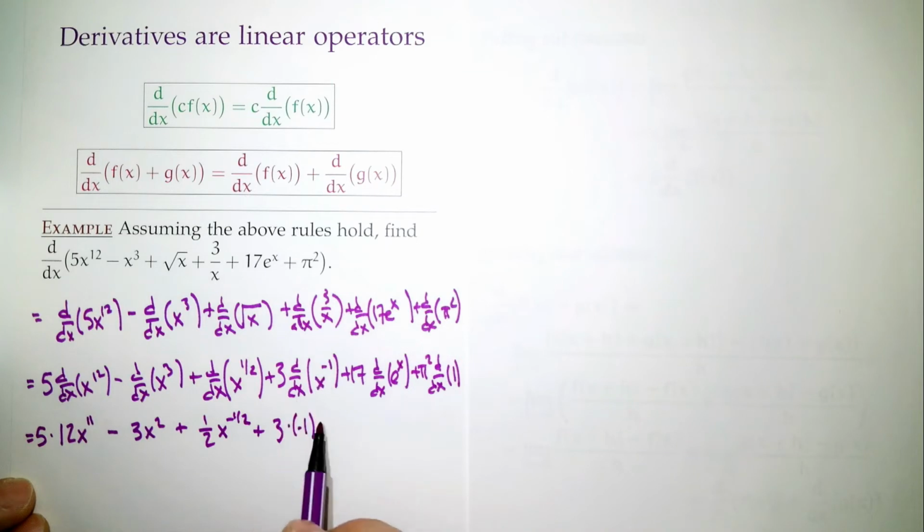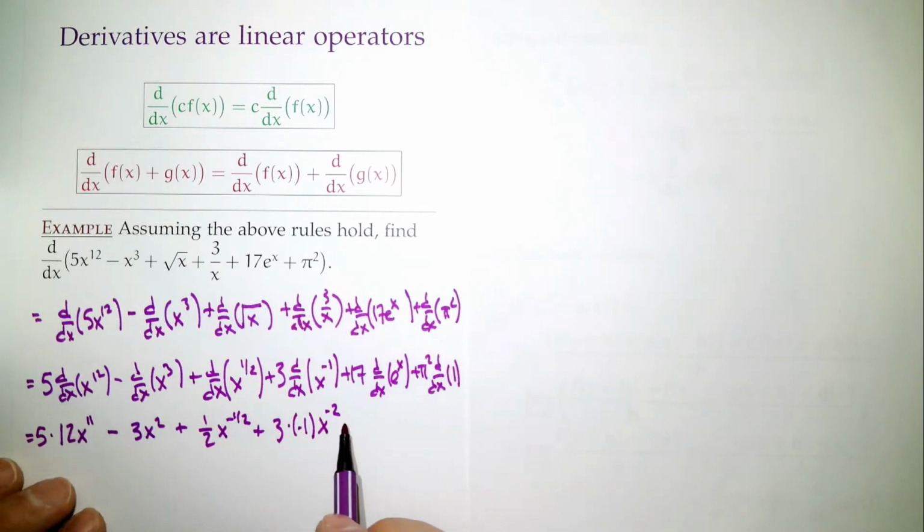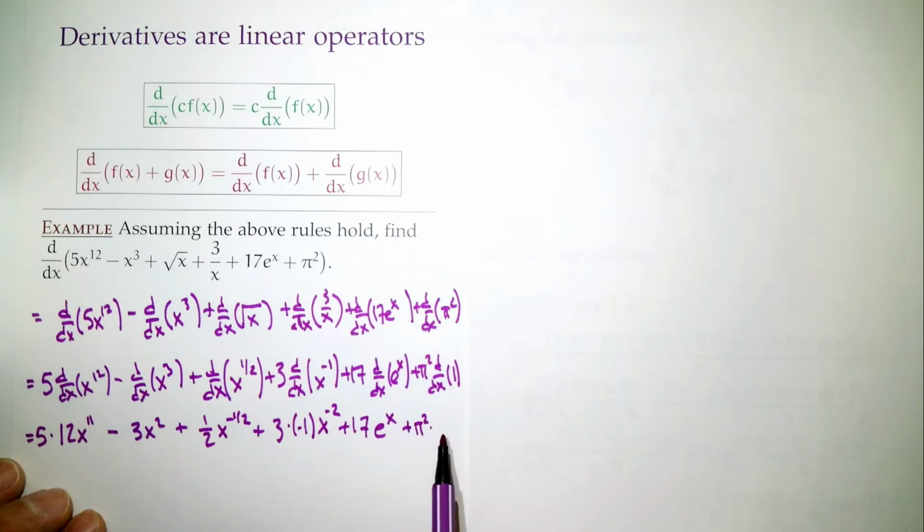The negative 1 comes down. X to what power? Negative 2. Yeah, remember, you're subtracting. And you're like, oh, negative 1, subtract 1. Shouldn't that be 0? No, no, no. Negative 1 subtract 1 is negative 2. Okay. Derivative of e to the x: e to the x. And then plus pi squared times the derivative of 1, which is 0.